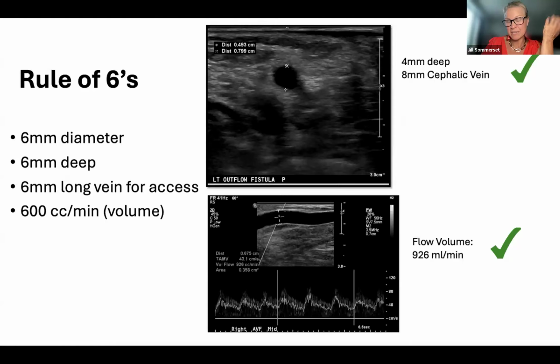That's really fantastic for cannulation. And then the flow volume is greater than 600. So we use this language: is it mature? Can we use it for successful dialysis? And the answer is yes. So we have these metrics, this rule of sixes, that is really quite helpful when we're analyzing the patient to get them ready for dialysis.